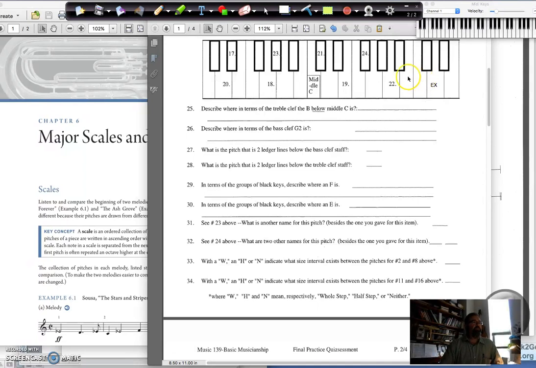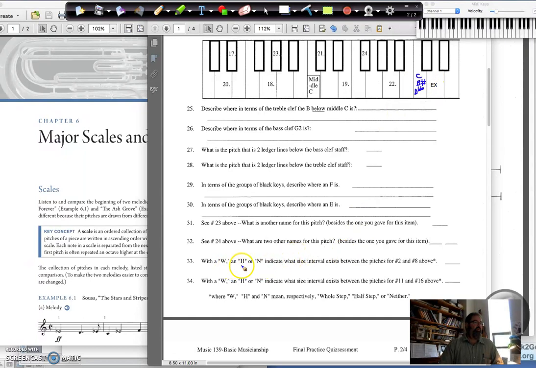Well, one is C. I could also call it B sharp, because it's a half step above B. It's not very commonly B sharp, but it's also right next to D. So if I had to call it D something, I would call it D double flat. So there's 3 different ways to name this, and the black keys are more easily named with more than one type of name.